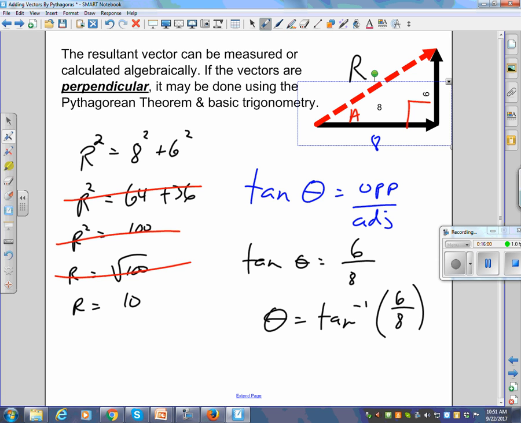So on your calculator, grab it right now. Let's do this together. Some of you have fancy modern calculators. Some of you have what we call reverse Polish calculators. In other words, some of you are going to go second function tan 6 divided by 8 equals, and you should all do this now, so you know what kind of calculator you have.